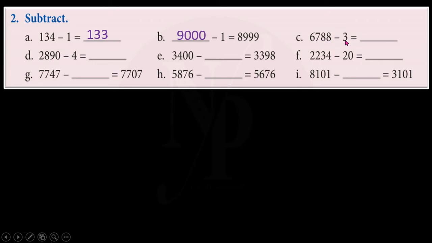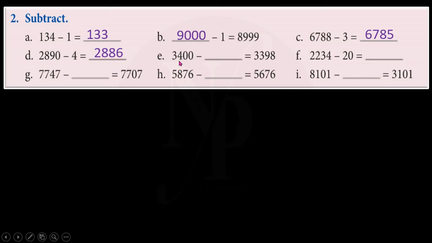C, 6,788 minus 3. So subtracting 3 from 6,788, you will get 6,785. D, 2,890 minus 4. On subtracting 4 from this number, you will get 2,886 as a difference.